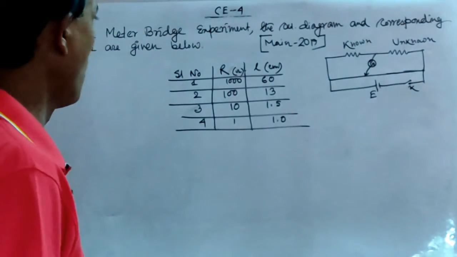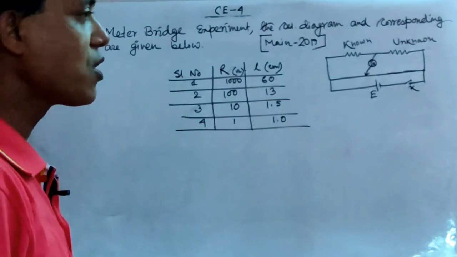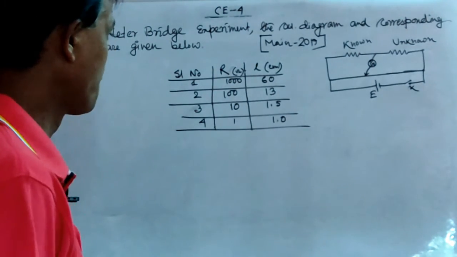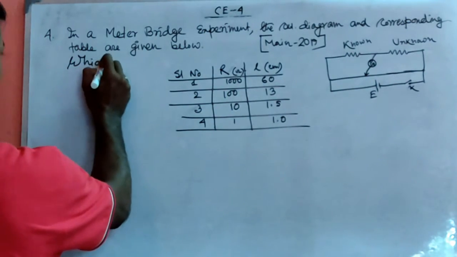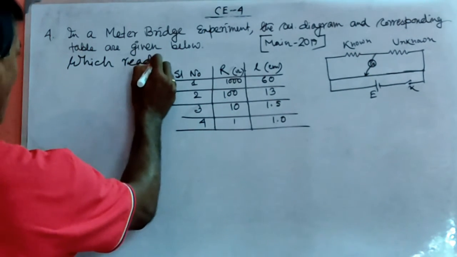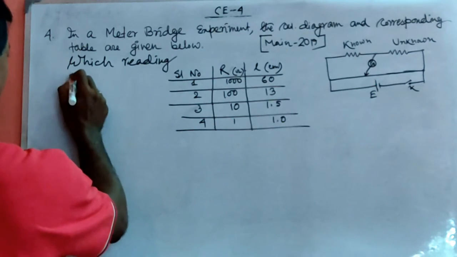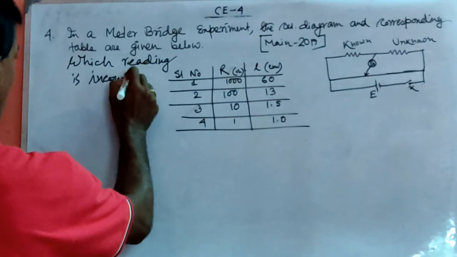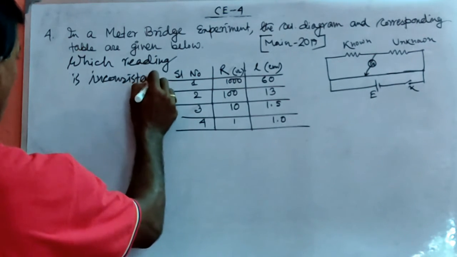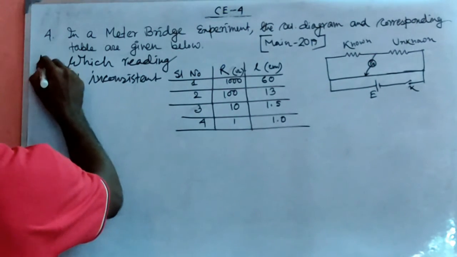We have to find out which reading is inconsistent.